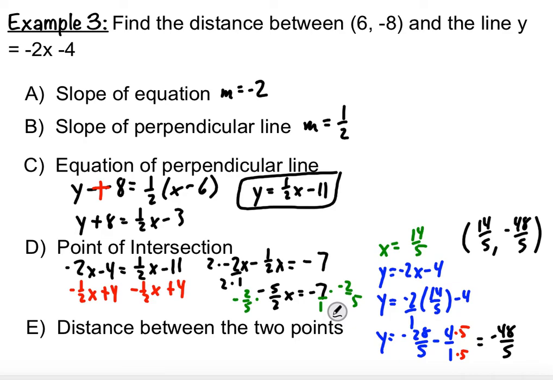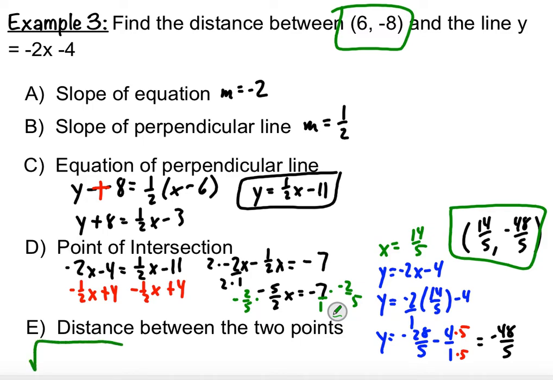So now let's find the distance between those 2 points, which means the given one and this new one. Subtract your x's.